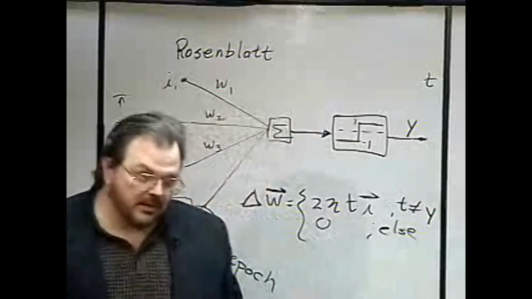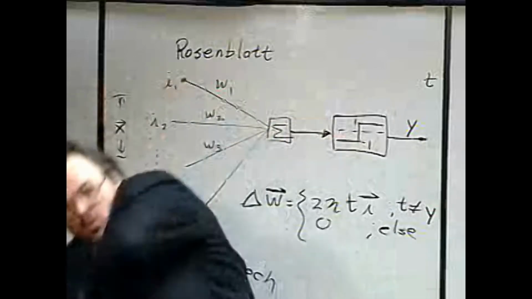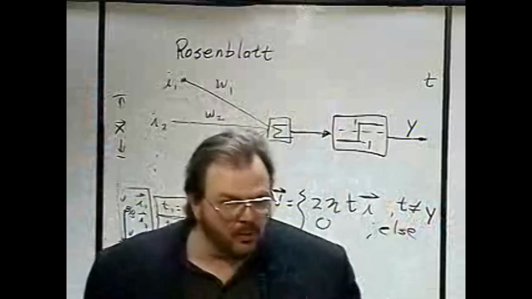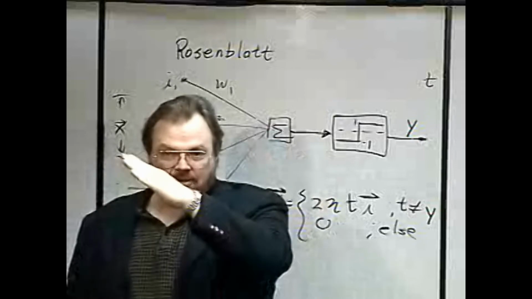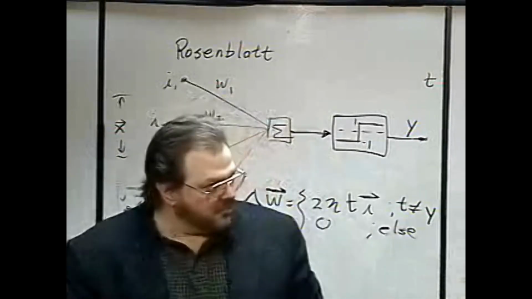If you make eta, the step size, too big, it's going to go all over the place. You're going to get the equivalent of overshoot. Whereas if you make it really teeny weeny, it's going to go very slowly. So it's very similar to the control theory problem.